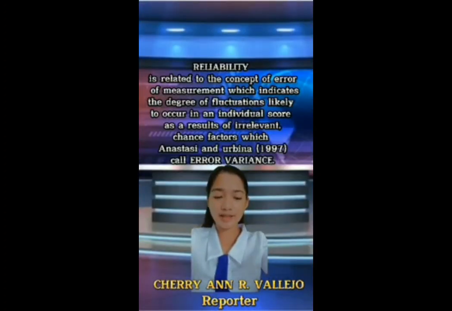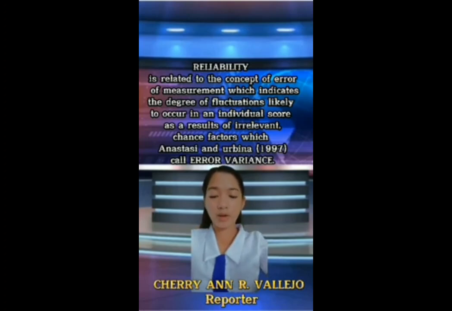Reliability is related to the concept of error of measurement, which indicates the degree of fluctuations likely to occur in individuals' scores as a result of irrelevant chance factors, which Anastasi and Urbina (1997) call error variance.